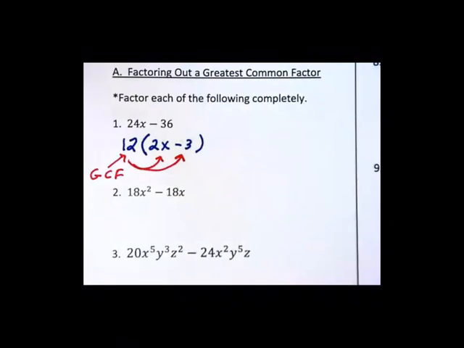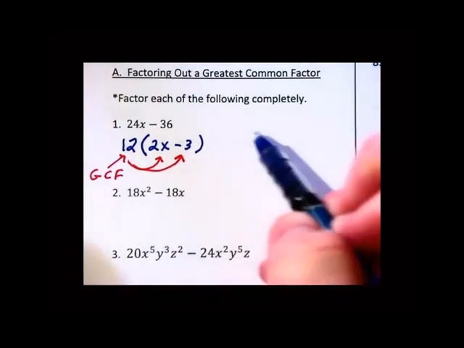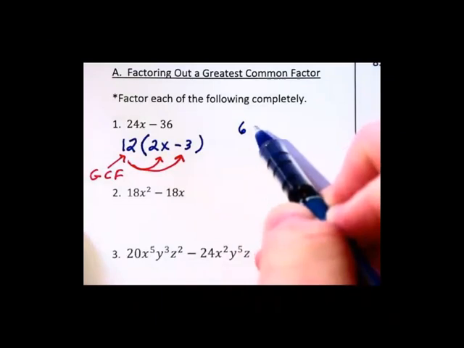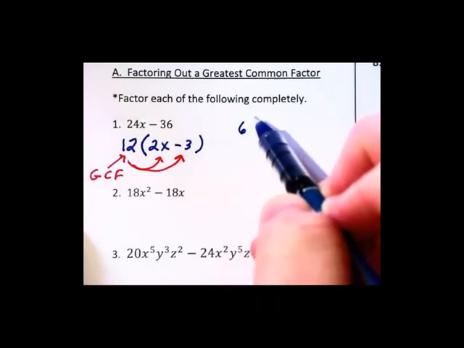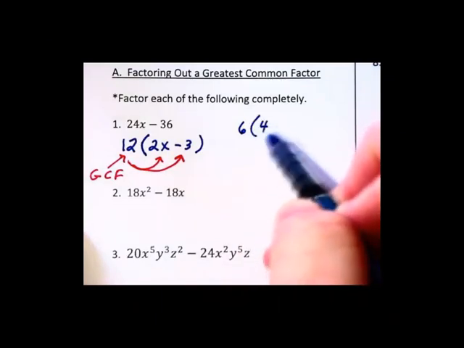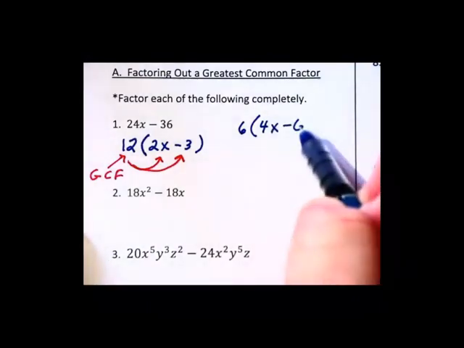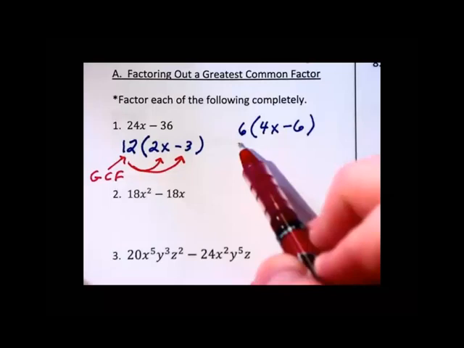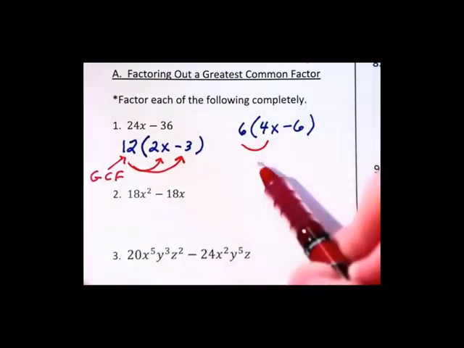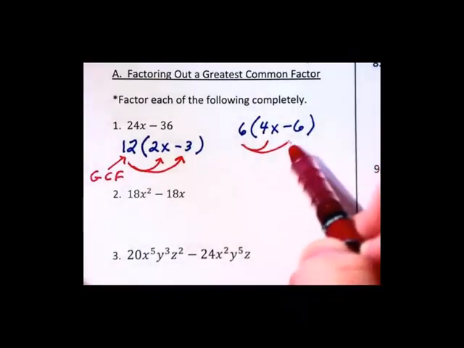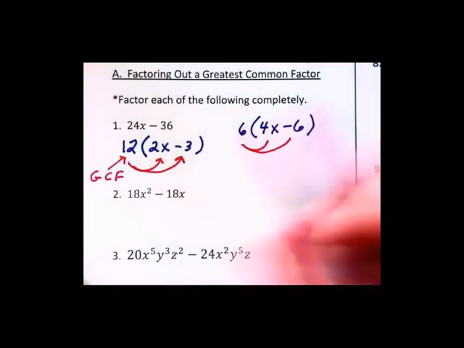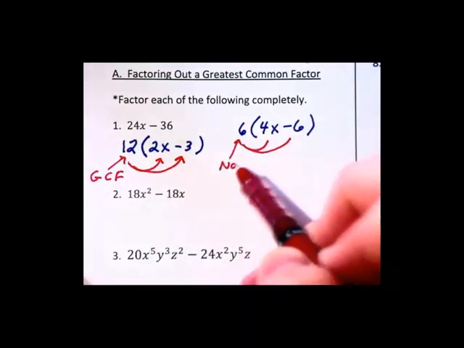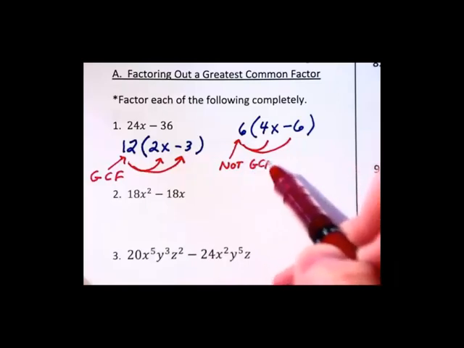If you were instead to have noticed only that 6 came out of both the 24 and the 36 and factored that out, giving you 4x minus 6 inside the parentheses, you might check it and distribute and say yes, 6 times 4 is 24 and 6 times negative 6 makes the negative 36, but this is not correct because 6 is not the GCF.